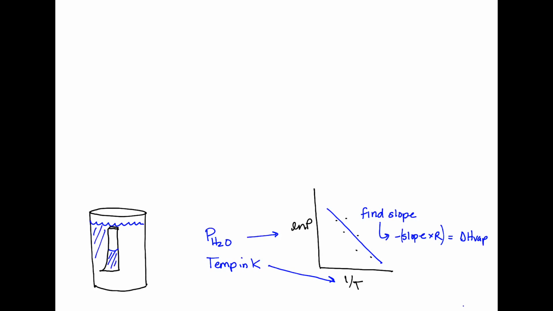So all this here is all water. And there's a little bit of gas, air gas, trapped in our graduated cylinder. And the gas that we trap in this graduated cylinder is actually some air plus some water vapor.